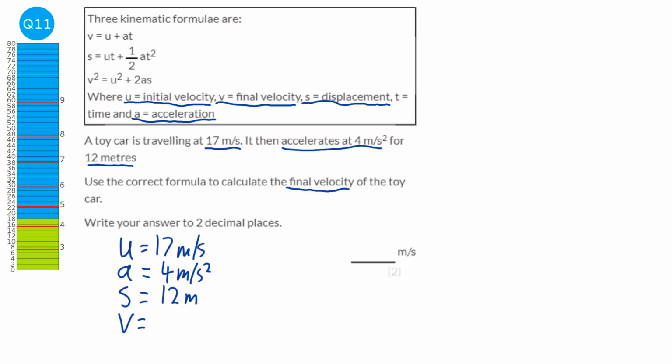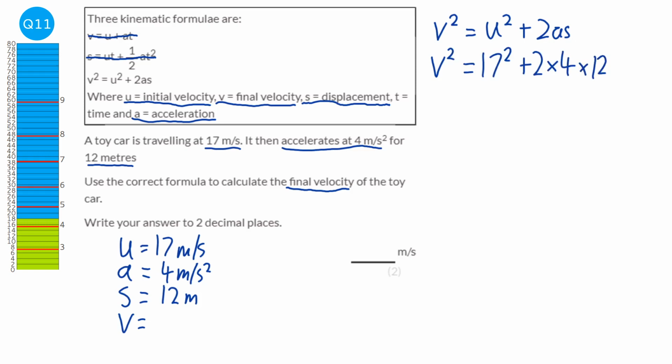So we're going to find out which of the formula we're going to use. Now notice we're not given the time, so all the formulas with t in them are not going to be useful. So we're not looking for or are given the t. And it's going to be the last formula, the v squared equals u squared plus 2as. Okay, let's fill in what we know. Well, we're looking for v, so we'll leave that. And so it's going to be 17 squared plus 2 times 4 times 12.